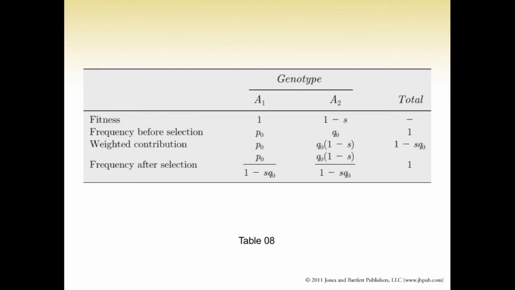So this is our general formula for looking at frequency after selection. It's worth noting that recessive, additive, and dominant alleles go to fixation differently when they're favored.